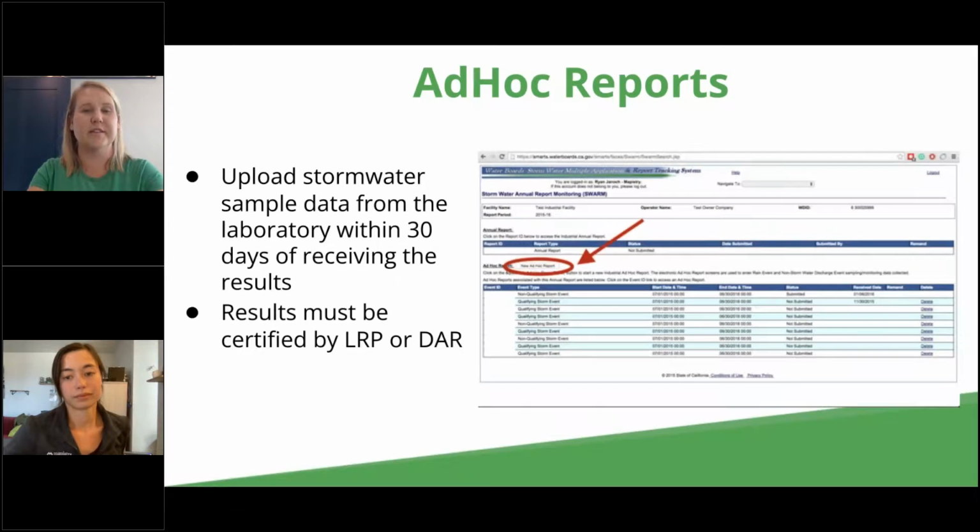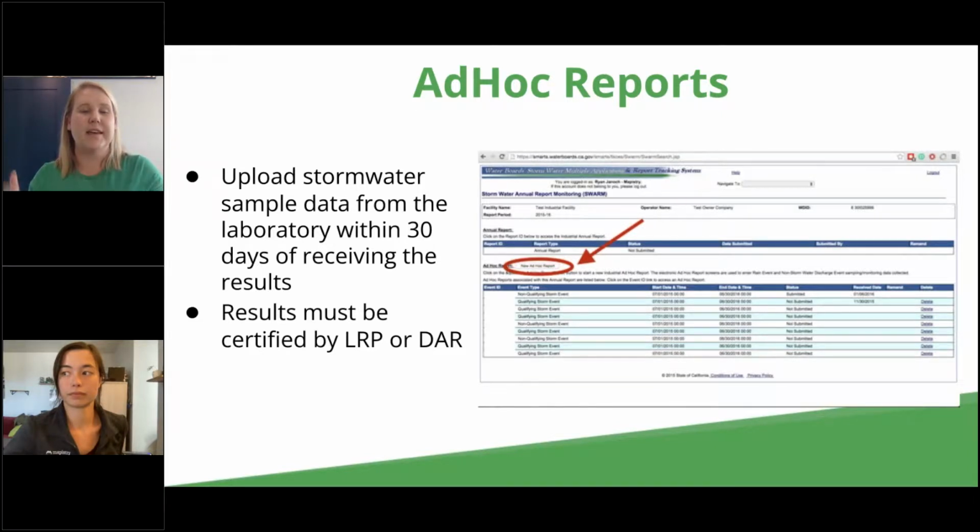So things that go into SMARTS: your sampling events are called ad hoc reports in SMARTS. So when you get an email from Mapistry or an email from SMARTS saying go certify your ad hoc report, we're talking about your sampling data. They need to be submitted within 30 days of receiving the results from the lab.